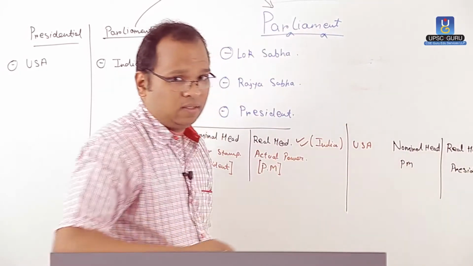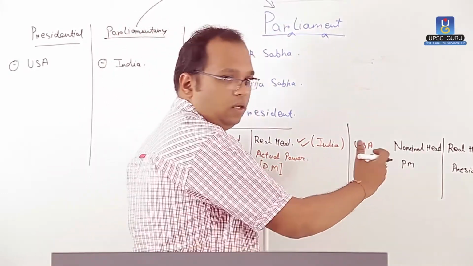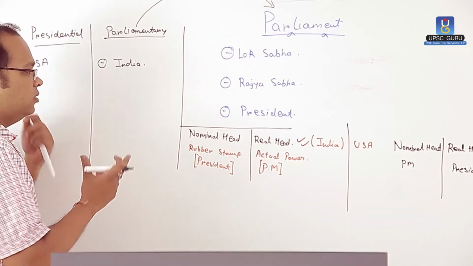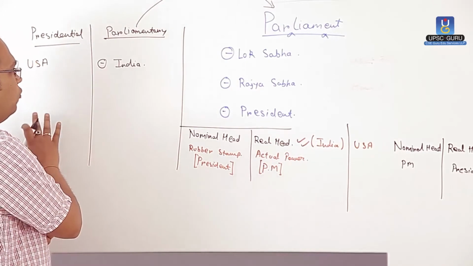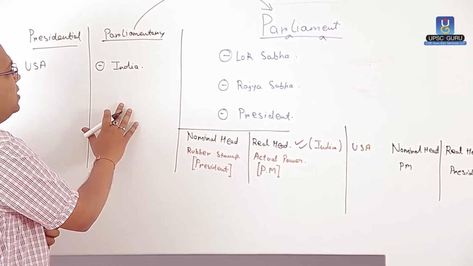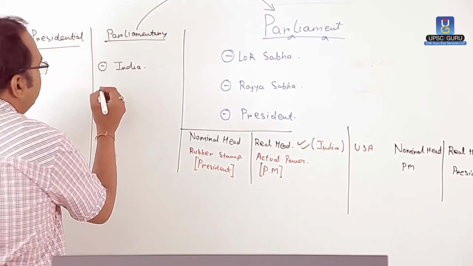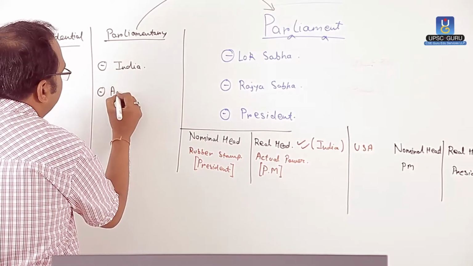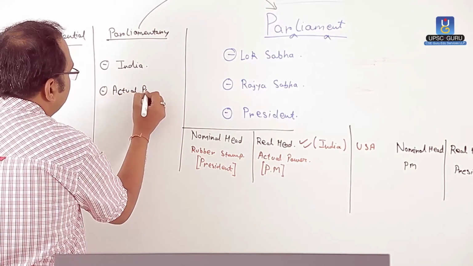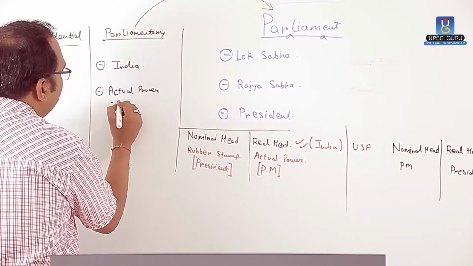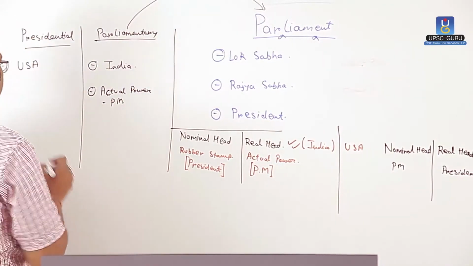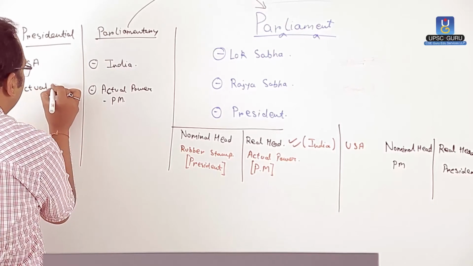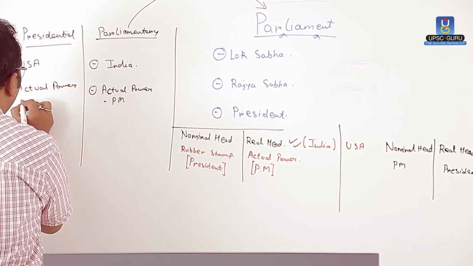So this is the case. Therefore we call it presidential rule, where the actual power is with the president. In this case the actual power is with your Prime Minister of India. Here the actual power is with your president.